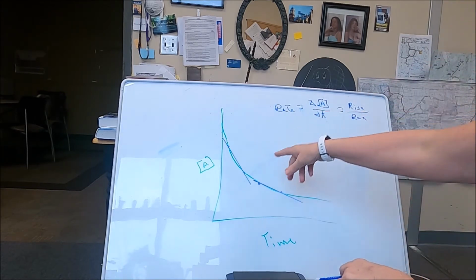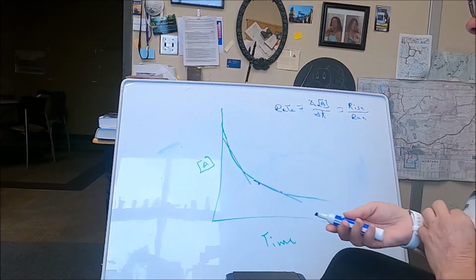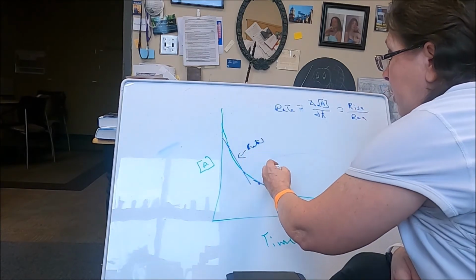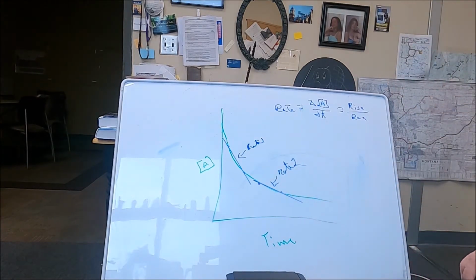What we're looking at when I take large time intervals like this is an average rate. So if you look at my first line here, I'll call this rate 1. Now look here at rate 2. I can see that rate 2 is smaller than rate 1, and the rate is changing with time.